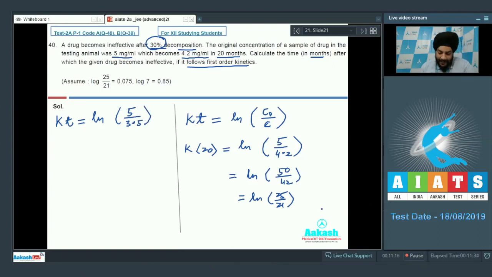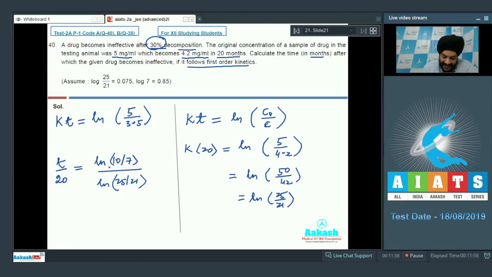Okay, so we have to find the value of T. So we can just divide both these values. We have T upon 20 equal to ln of 10 by 7 upon ln of 25 by 21.